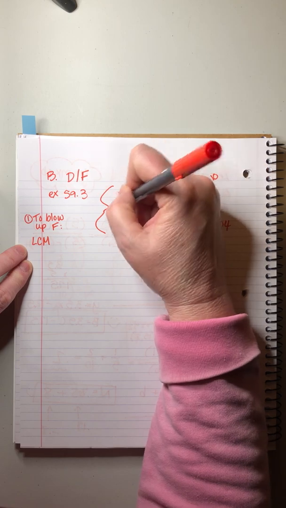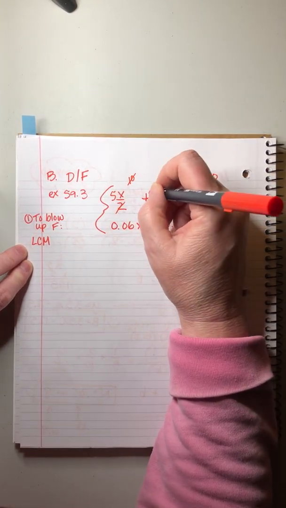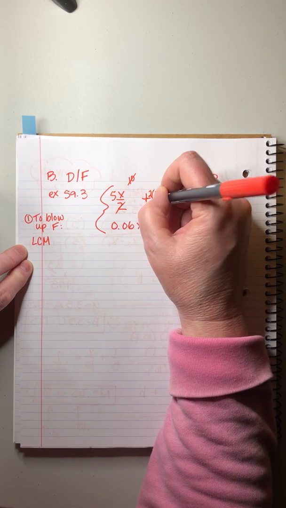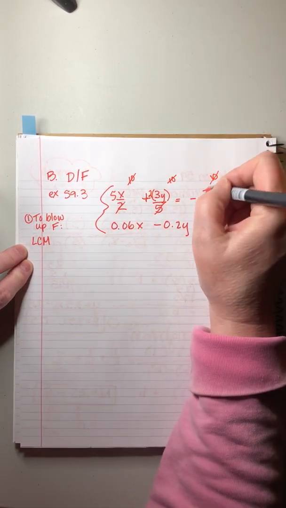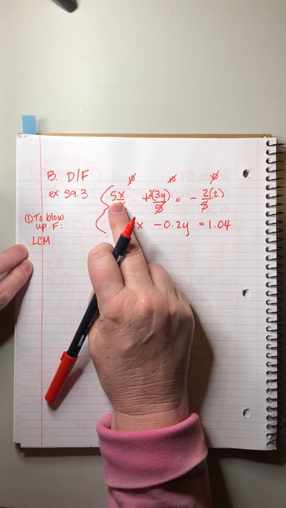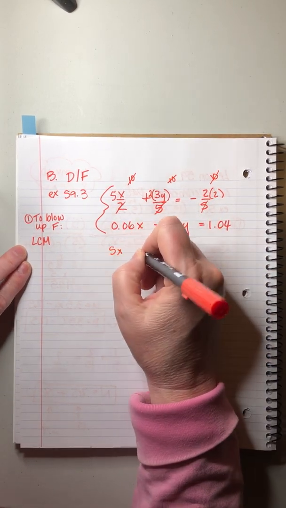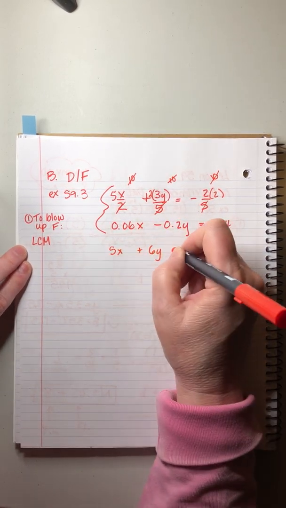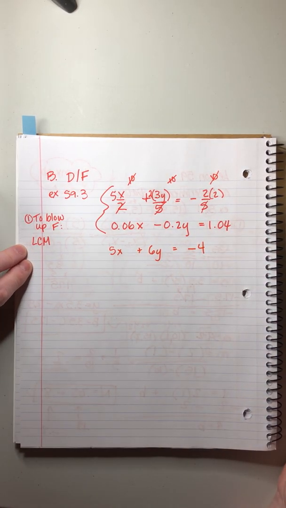So 10 against 2, I'm going to have 5. 10 against 5, I'm going to have 2. And I'm going to put parentheses around to show that I need to multiply that. And then 10 against 5 is another 2, and they're my parentheses. This one was just an x, so it was fine. So I'm going to rewrite that top equation as 5x plus 6y equals minus 4. Oh, Lord have mercy, so much better, right?